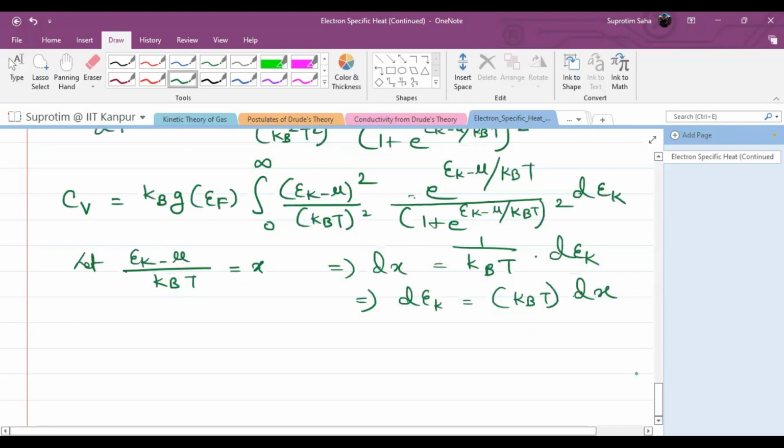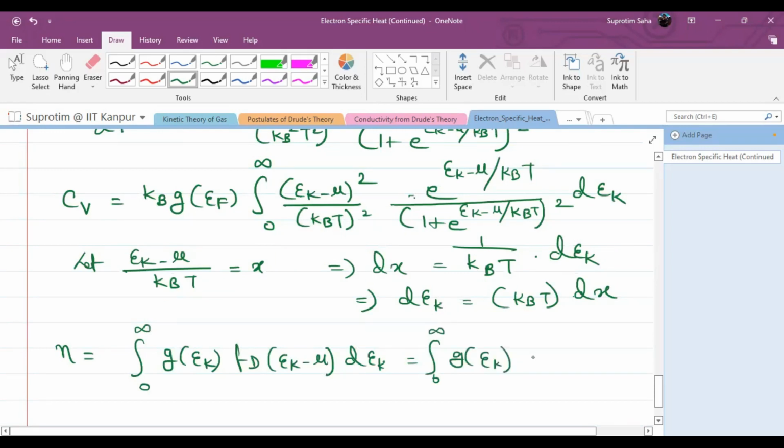All right. So earlier we used this formula, G of Ek Fermi Dirac, Ek minus mu, d of Ek, similar to G of Ek Fermi Dirac, equals 0, d of Ek.